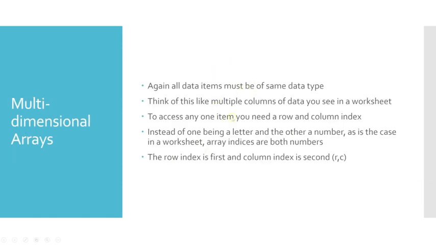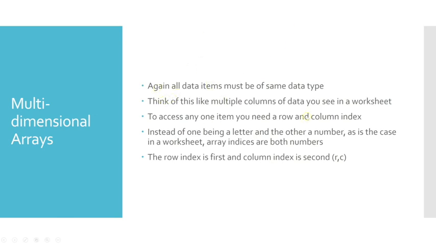So in addition to single dimension arrays, one column, you can have multi-dimensional arrays. And we're used to seeing that because worksheets are 2 dimensions, right? We've got two ways. We can either go down or we can go across.